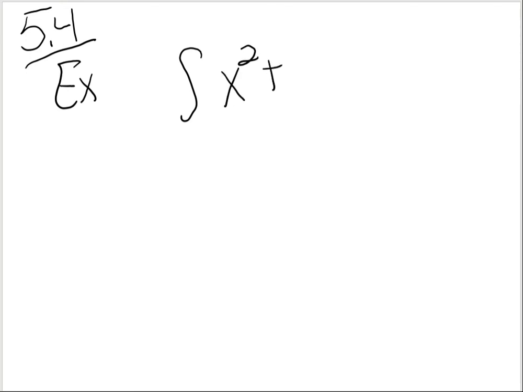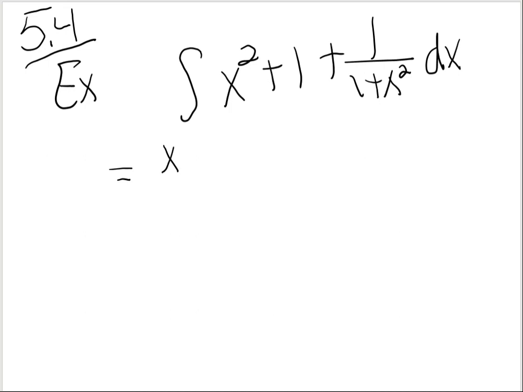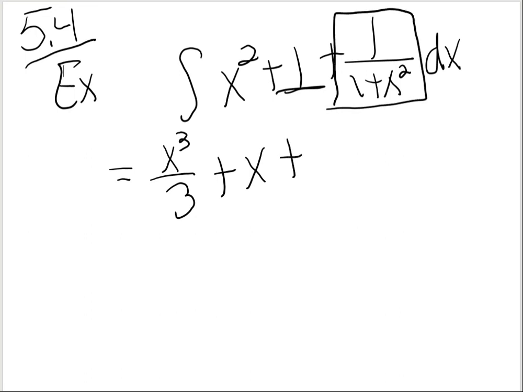x squared plus 1 over 1 plus x squared dx. Well, the first one is power rule, x cubed over 3. This is just a constant, so its antiderivative is x. And the antiderivative of this thing, well, it's not one of our standard power rules, but it is a standard one we do know.